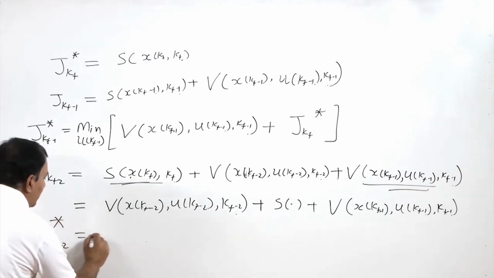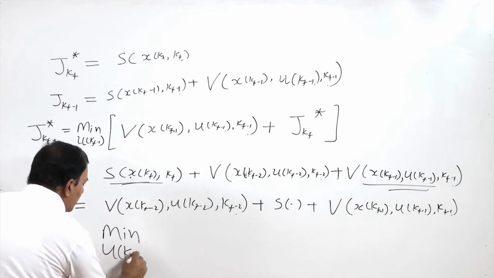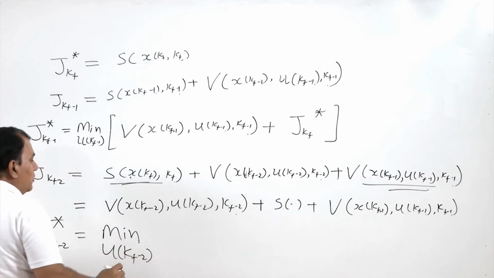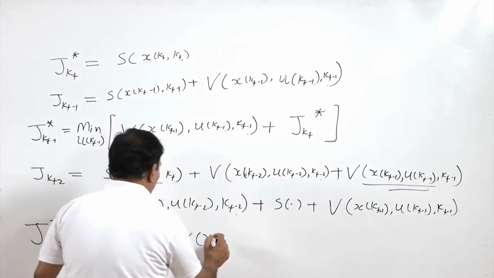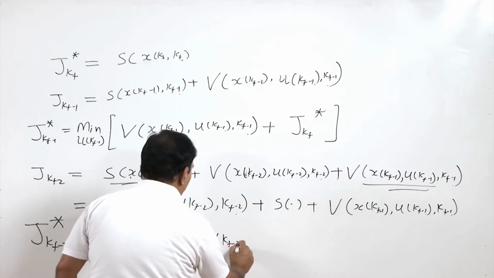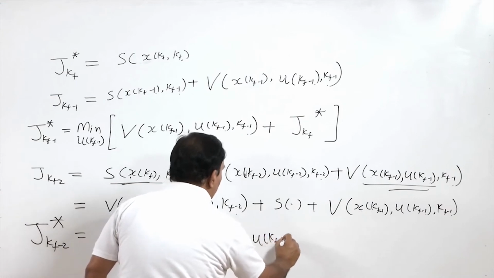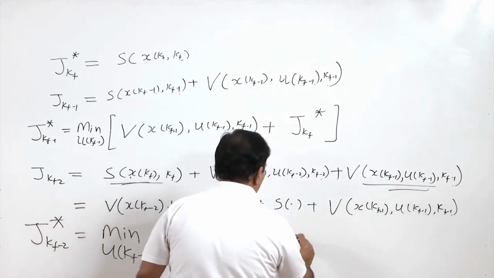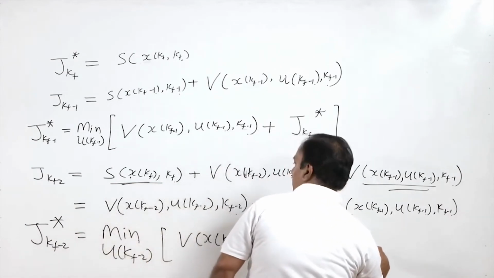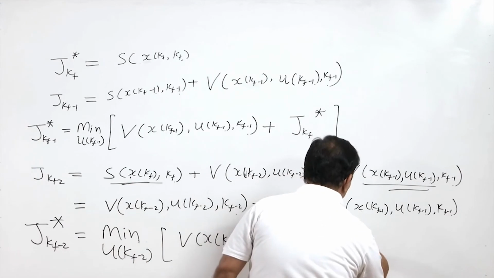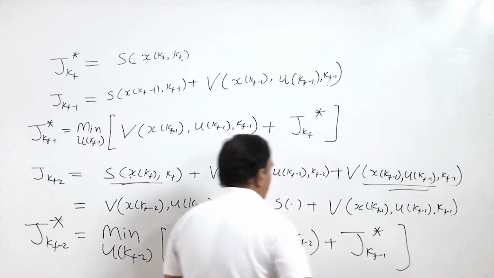The optimal value will be nothing but minimum value with respect to U Kf minus 2. This is V x of Kf minus 2 U of Kf minus 2 plus J Kf minus 1 star.